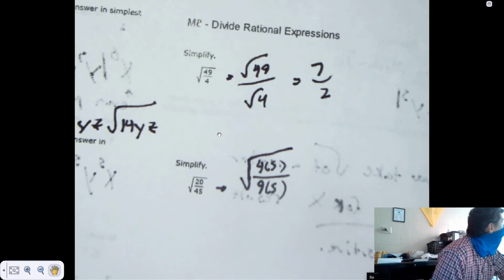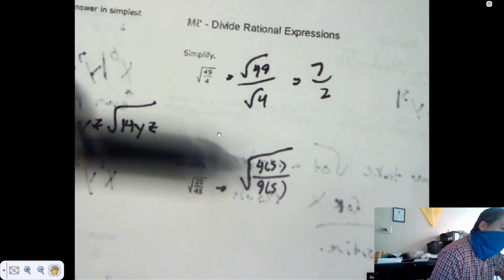So I have a 4 times a 5 in the numerator. And I have a 9 times a 5 in the bottom. You understand that? Just simplifying the numbers is what I'm doing. You don't have to simplify at the end. A lot of times, if you simplify in the beginning, the end result is easier.